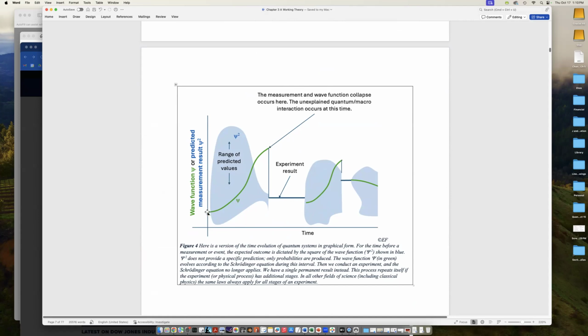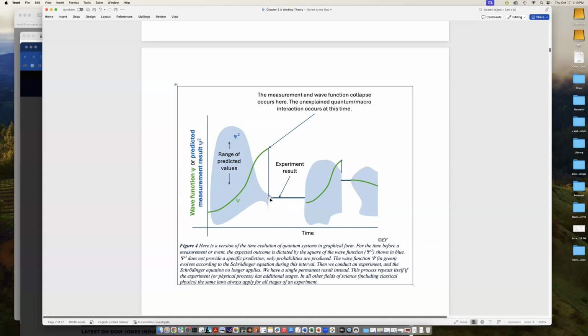And instead of having a wave function that predicts this range of possible outcomes, this is in blue, psi squared, instead of having that persist and be part of the prediction process, we get an experimental result.